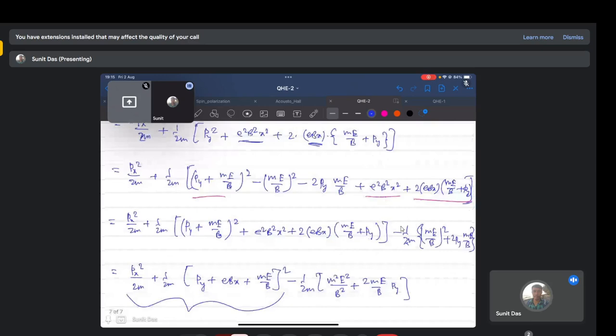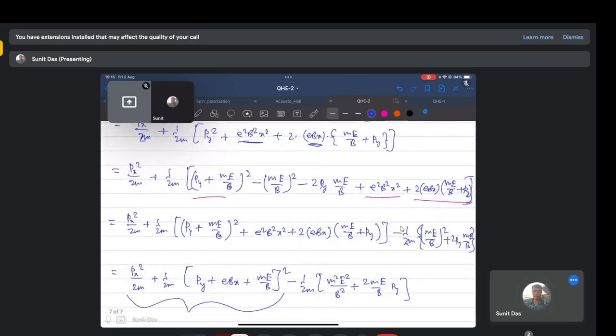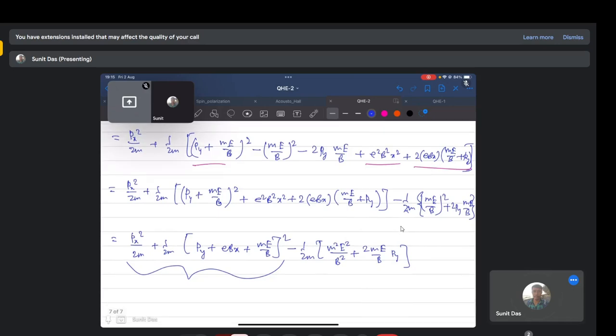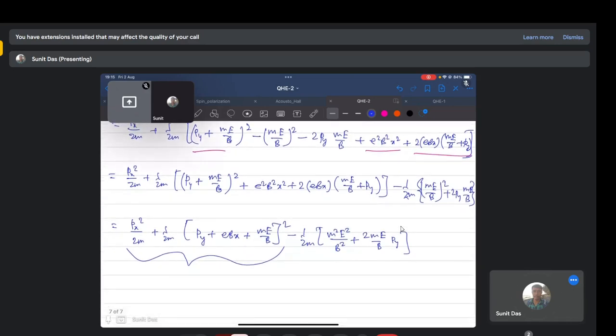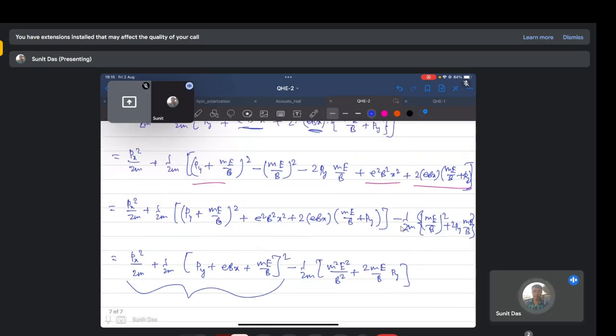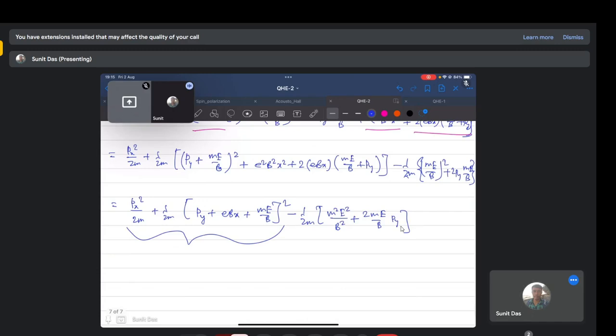Just a second, what did I do? Actually, I needed to do something like px square plus py square plus some x minus something square.